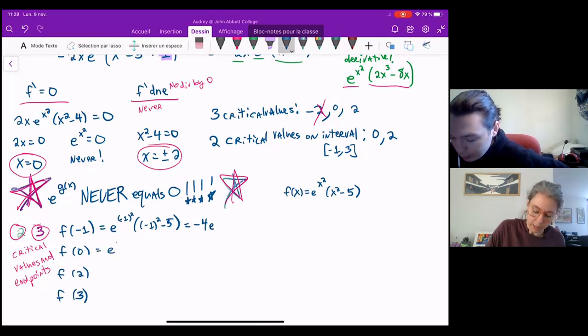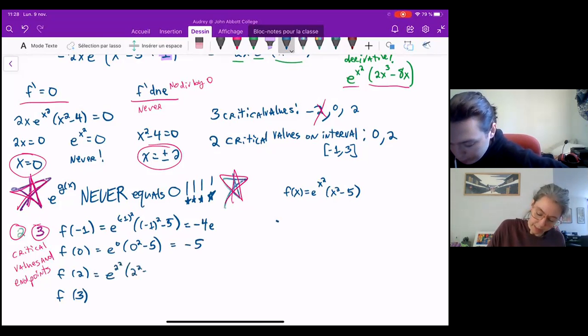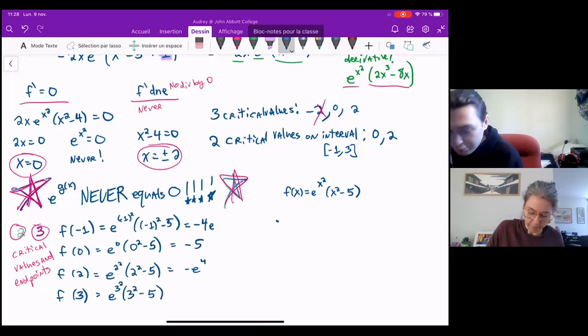Then e to the 0 times 0 squared minus 5 just gives me negative 5. Then e to the 2 squared times 2 squared minus 5 gives me negative e to the 4th. E to the 3 squared times 3 squared minus 5 gives me 4e to the 9th.